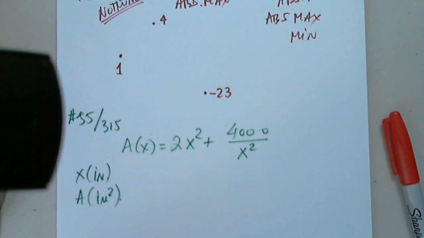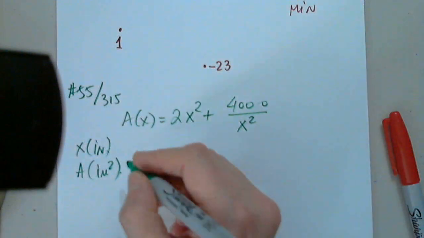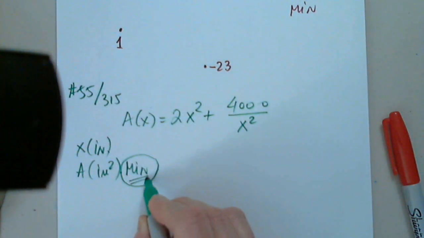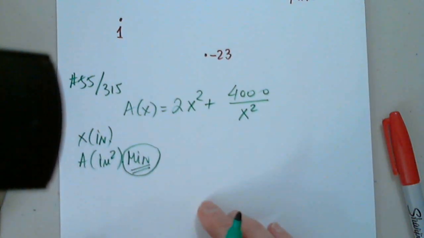Find the value x for which the amount of material is minimized. So we're talking about min. When we even mention the word min or max, what are we looking at? What is the question here? What are we trying to do?